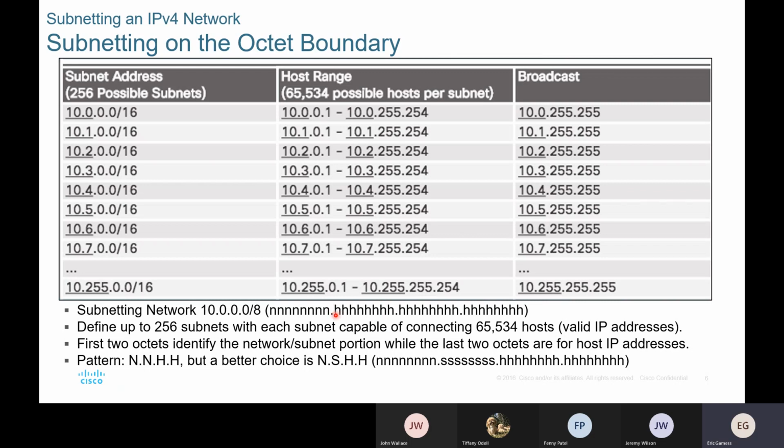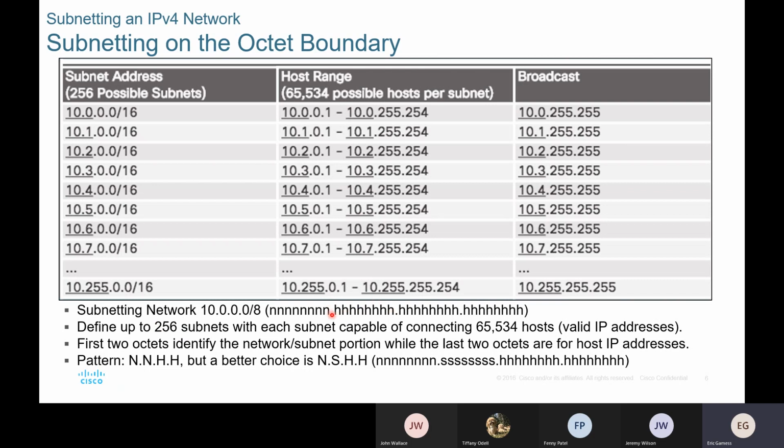When you borrow 8 bits, you can create 256 subnets, because if I borrow this bit, I have 2 possibilities, 0 and 1. If I borrow the next bit, I have another 2 possibilities, and so on up to the eighth bit. So 2 times 2 times 2, 8 times, gives me 2 to the power of 8, and 2 to the power of 8 is 256. So I will be able to create 256 subnets.